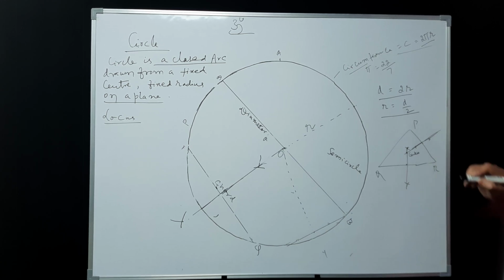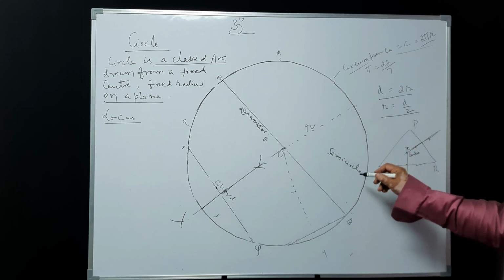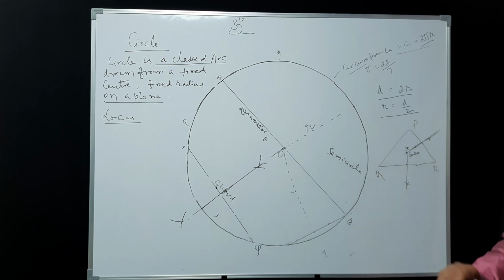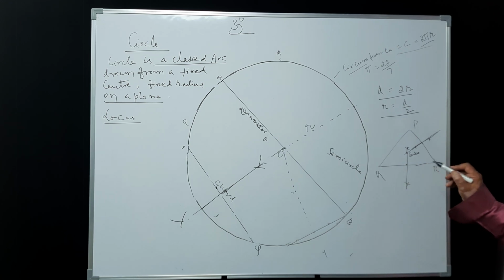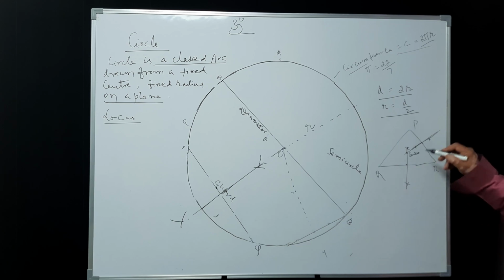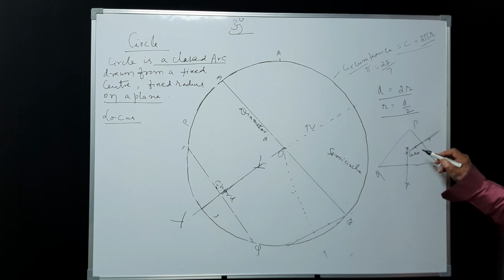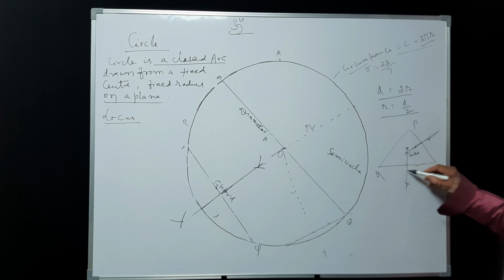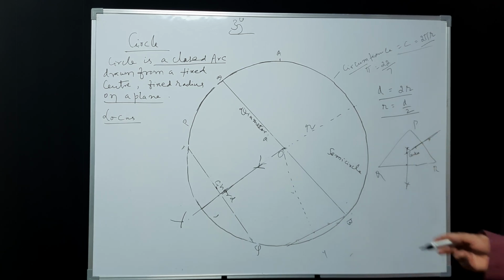So if you are given a triangle, you can draw a circle through the vertices of the triangle, treating each side of the triangle as a chord and drawing the bisector of the chord. We can locate a point where the bisectors meet. If you treat the sides of the triangle as chords, then their bisectors will give the center of the circle, as we have defined.